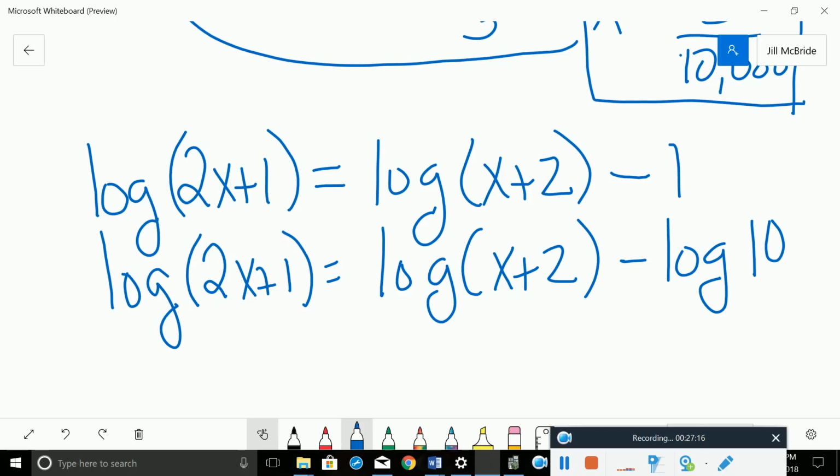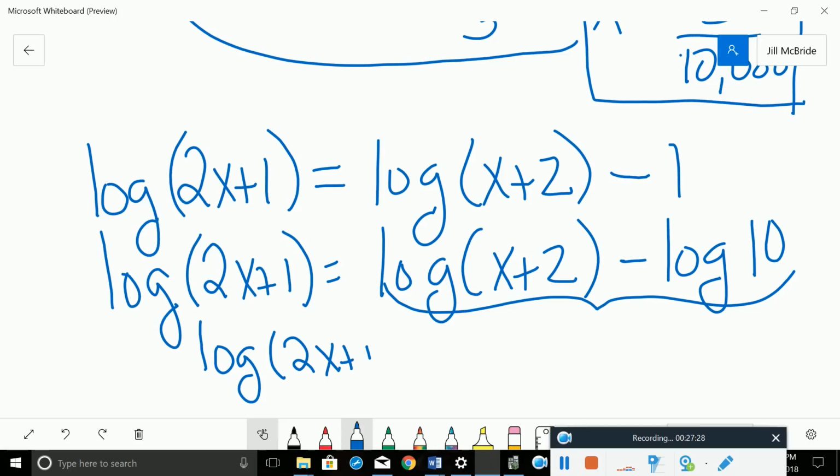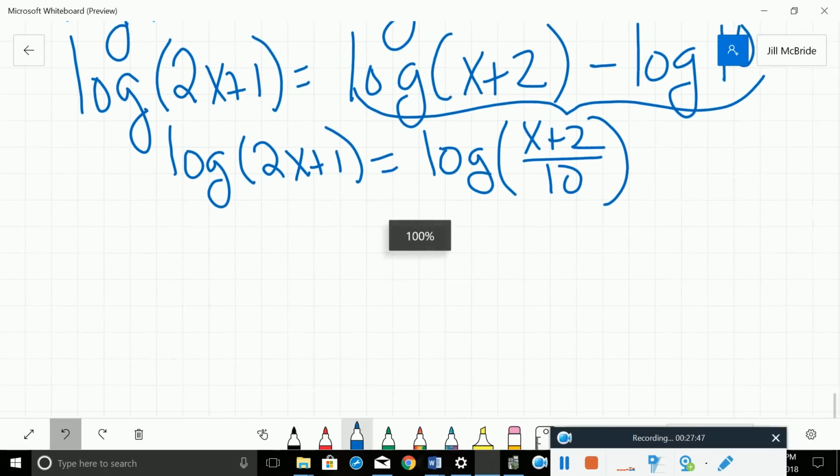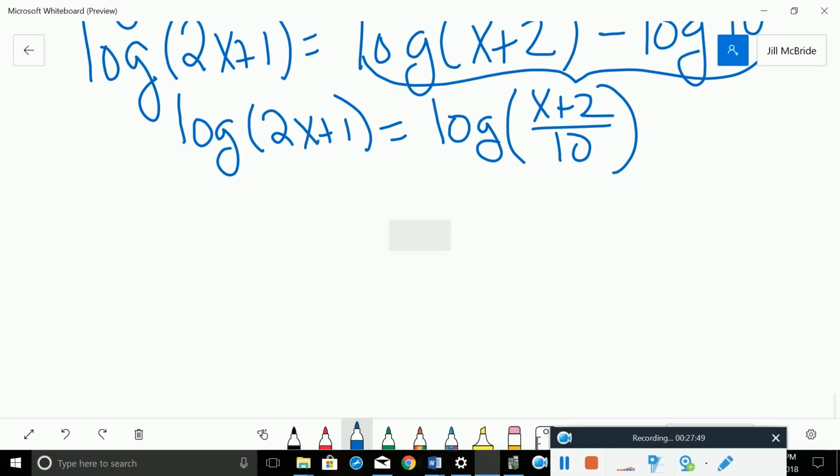Now I have 2 logarithms over here that are subtracted. I'm going to condense them to one logarithm where the arguments are divided. Okay, now this is sort of a cool feature of doing it this way.